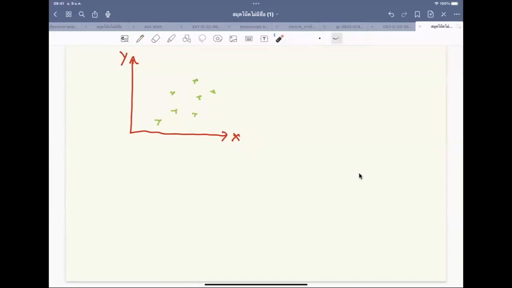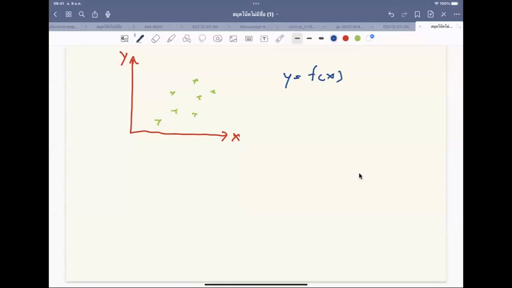Good. So you see that we have experimental data representing the relationship between X and Y. In engineering and science, we want to find how Y is a function of X, so we write Y is a function of X this way.